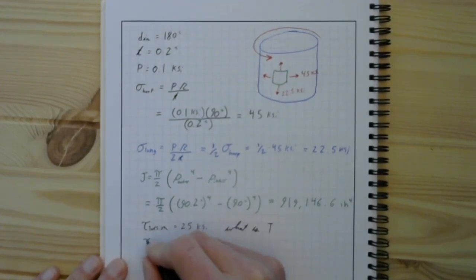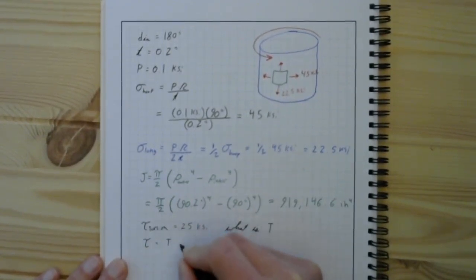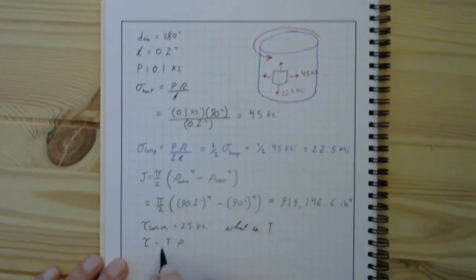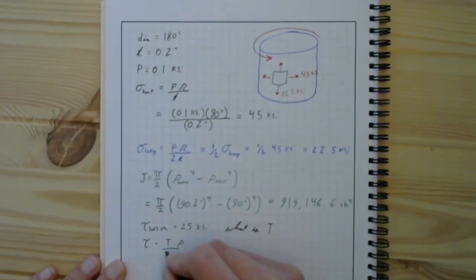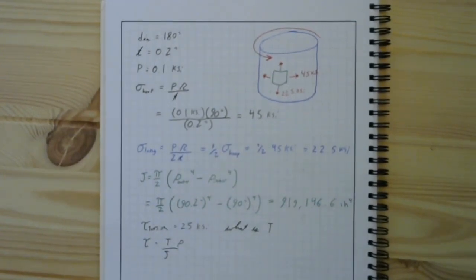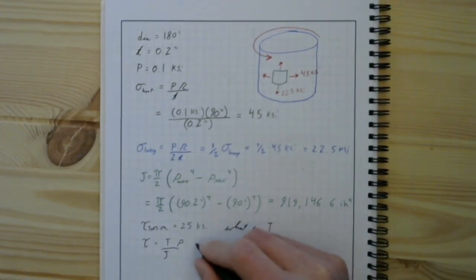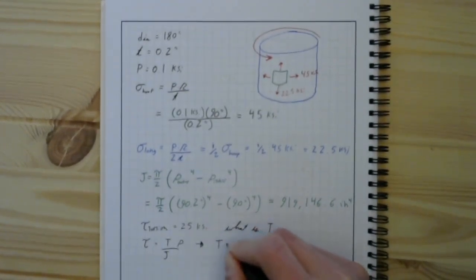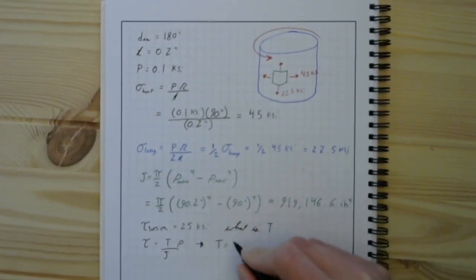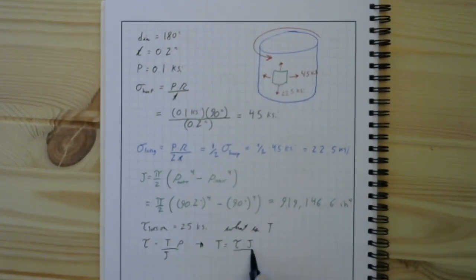We're going to go from it being the shear stress for torsion is equal to the torque applied times the distance from the center divided by our polar moment of inertia. We'll just rearrange that to obtain that the torque is equal to shear stress times our polar moment divided by our radius.